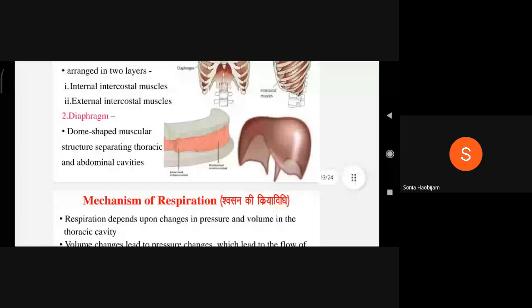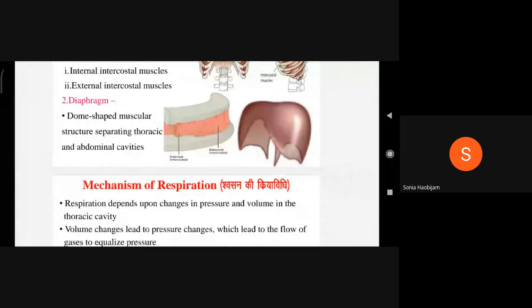Now, next is the diaphragm. We have already discussed so much about the diaphragm earlier, so you all know it well. Here it is only mentioned that it is a dome-shaped muscular structure separating the thoracic and abdominal cavities. Other things you all know.